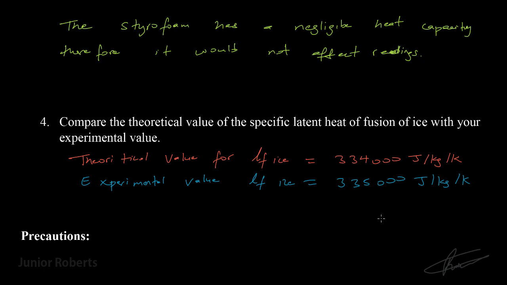So what we see is that we had a difference of approximately 1,000 joule per kilogram per Kelvin. That's the difference between both, and that could be due to certain errors in our experiment.